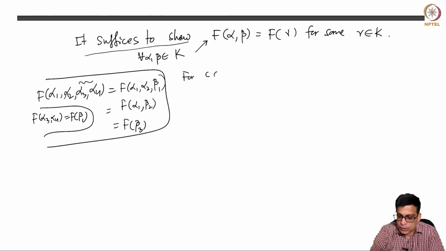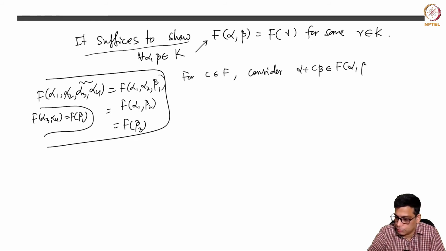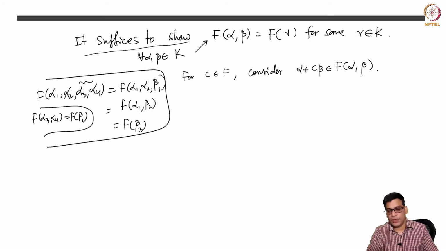Now for c in F, for any element in the base field, consider alpha plus c beta in F(alpha, beta). So I am taking an arbitrary pair alpha, beta in K and taking the field F(alpha, beta), and I am taking this.